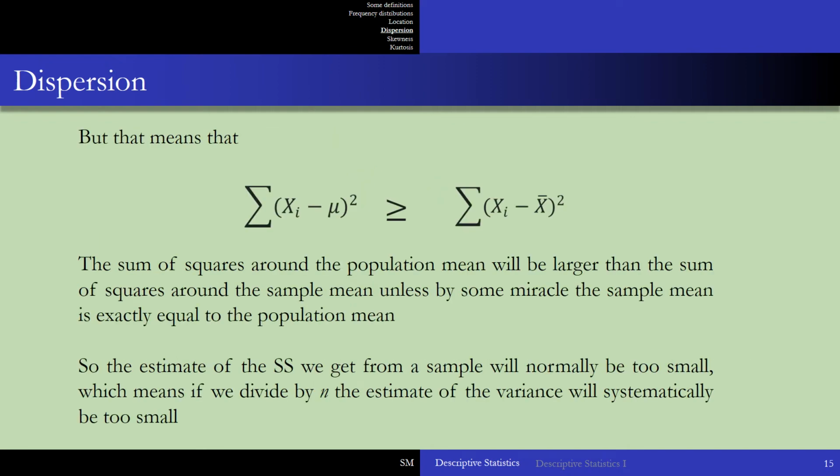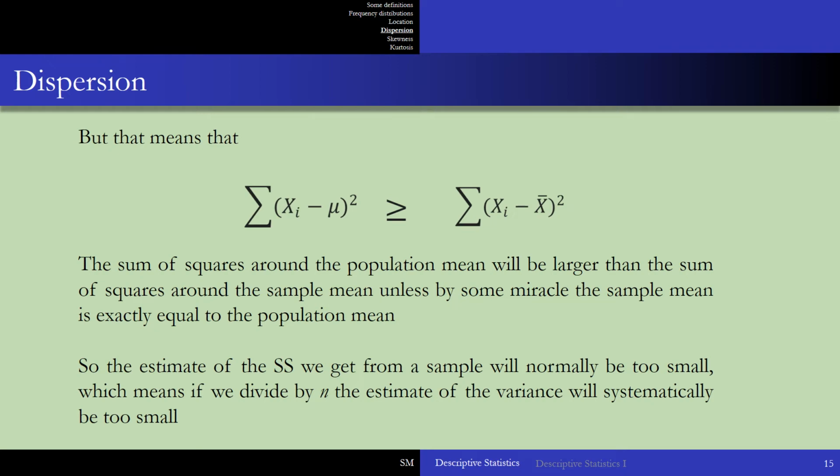But that means that for any sample data that we might have, the following relationship applies. The sum of squared deviations in the sample around a known population mean is always going to be greater or equal to the sum of squared deviations around the sample mean calculated from the sample.